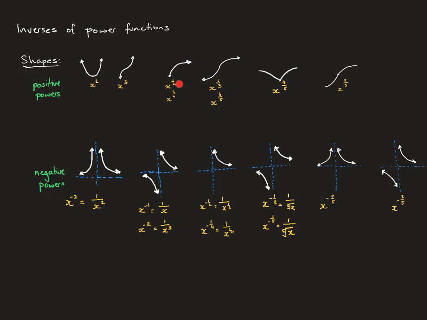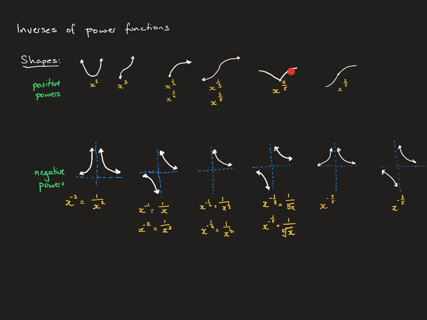power functions where the fraction has an even number in the denominator. We have our cube root shaped graph for our functions where the denominator and the numerator of the fraction in our power are both odd.